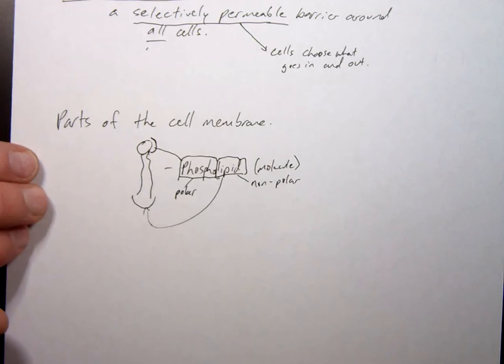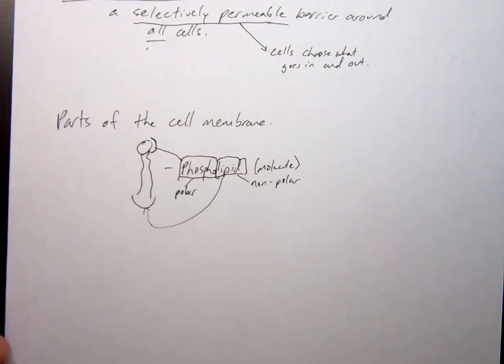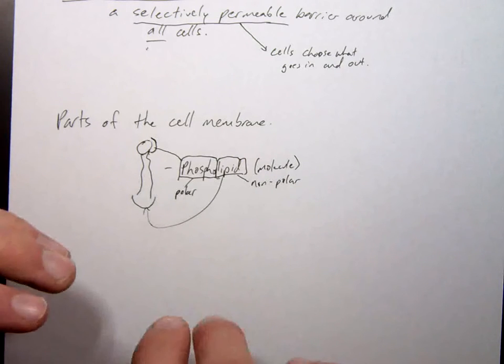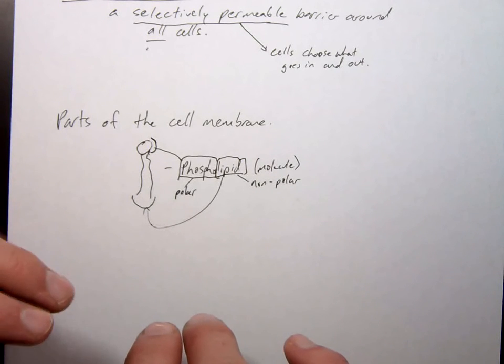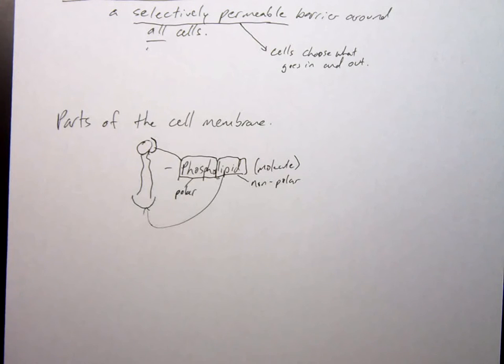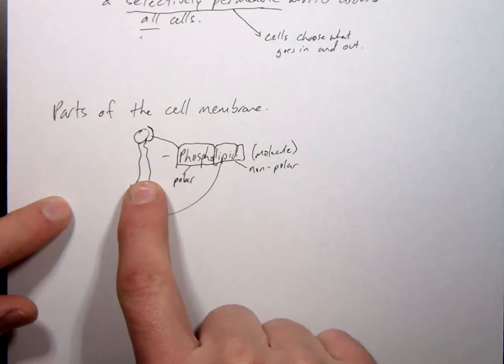Now, here's the tricky part about being a phospholipid. The inside of the cells of your body, what's the liquid in there called? Cytoplasm. Cytoplasm is mostly water, so the tails can't point that way.